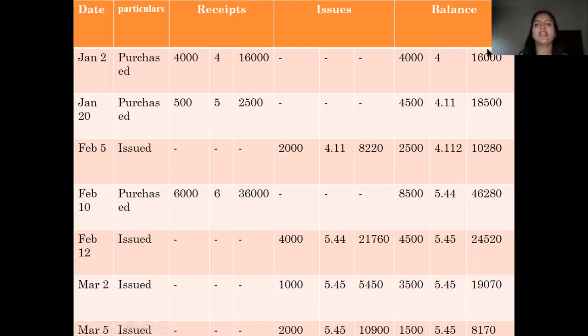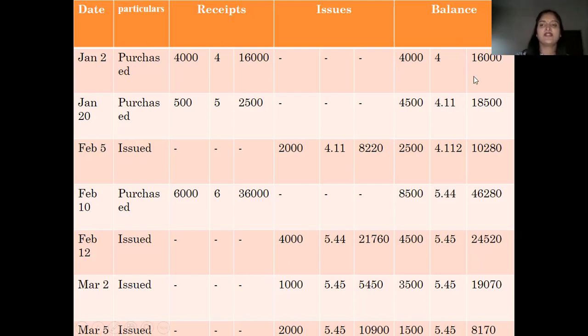Now see here, 4,000 plus 500 is 4,500, and 16,000 plus 2,500, we will get 18,500. Now we need to calculate the cost per unit. 18,500 divided by 4,500, we get the cost per unit as 4.11. This is the cost per unit.